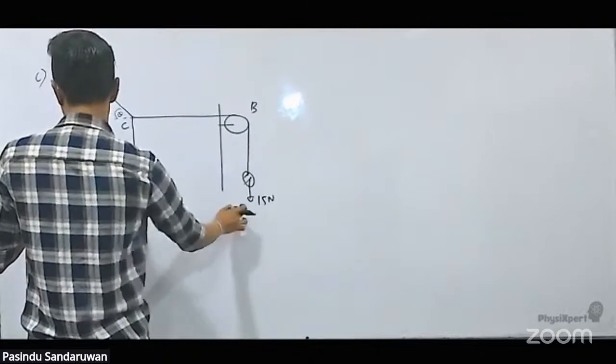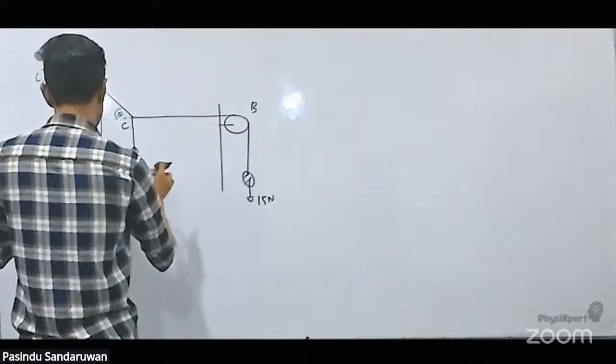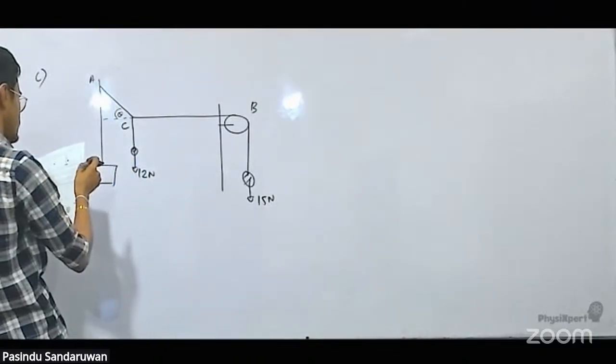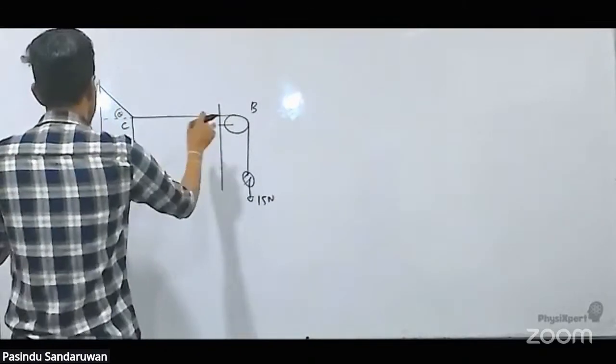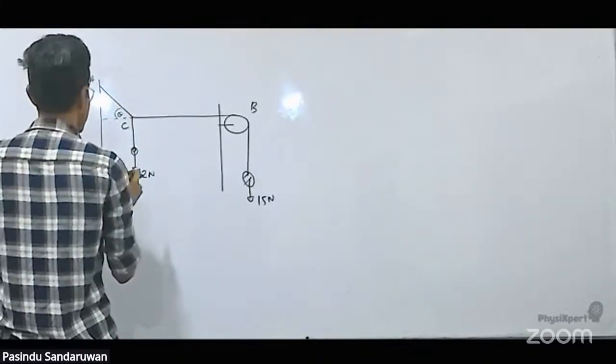Weights 15 newtons and 12 newtons are suspended at point B and C respectively. Calculate the tension of the segment AC, right.